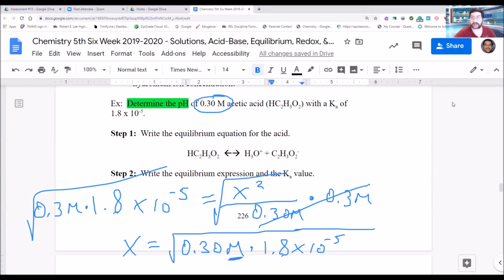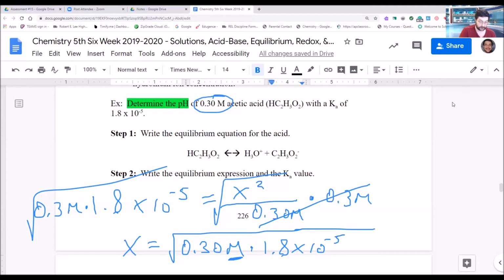All right, so that's what we're going to type into our calculator. I have my calculator with me here at the house. You can use one online, or you can use your own calculator at home, whether it be graphing or scientific. The first thing that we need to remember is that when you're typing in scientific notation, please put that in parentheses, no matter what kind of calculator you happen to be using.